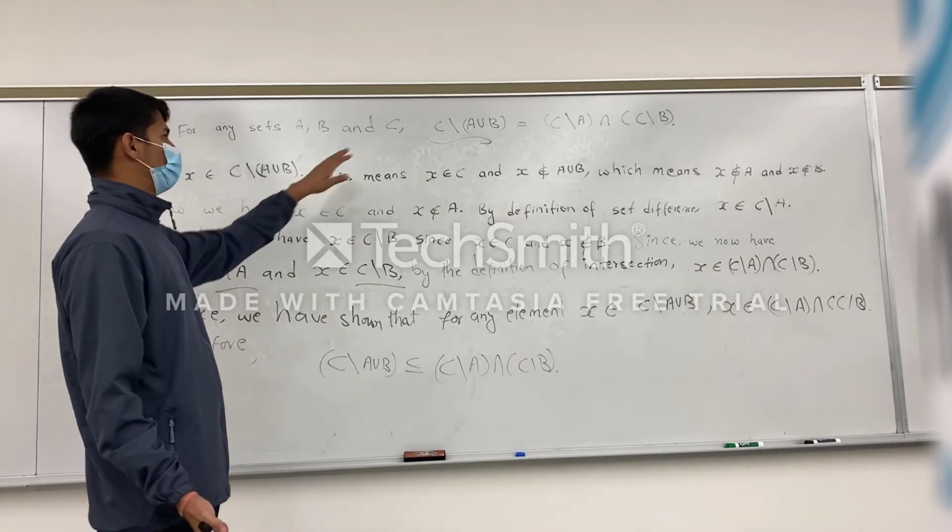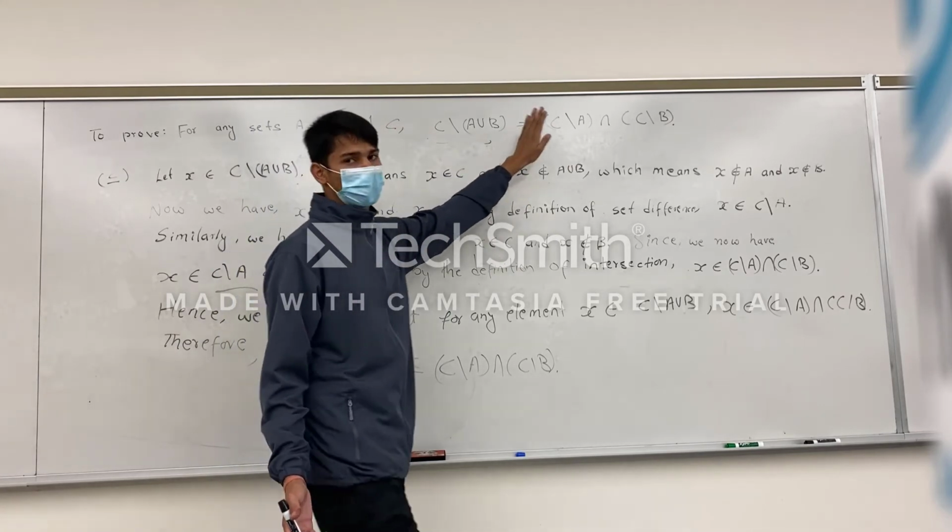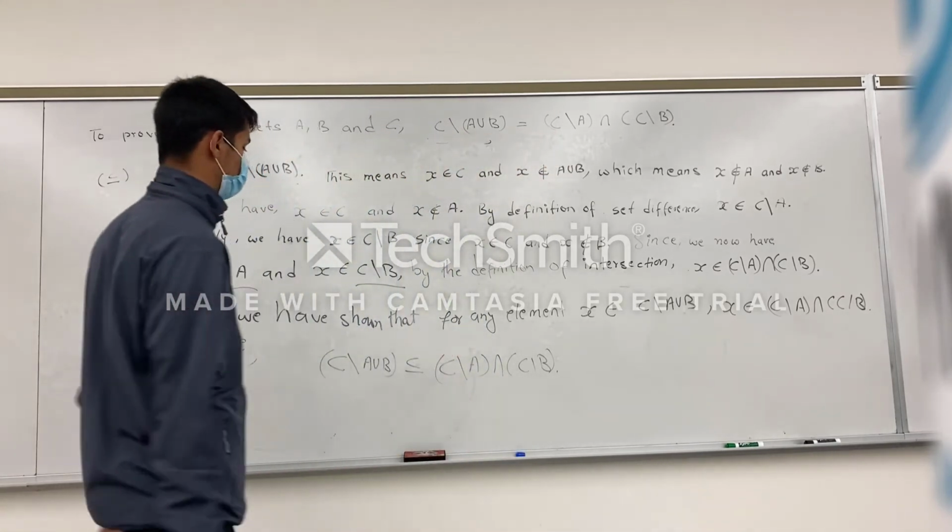Any element that belongs to the first part also belongs to the second part. So this first part is a subset of the second part. That is just what I wrote.